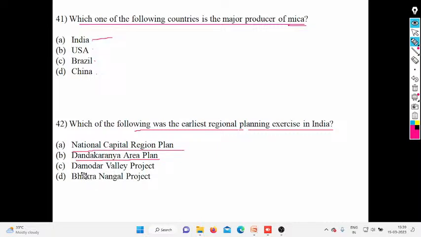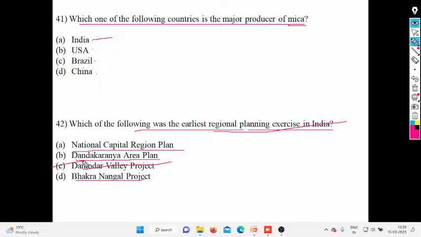Then the Damodar Valley Project. Then the Bhakra Nangal Project. The earliest regional planning exercise in India.